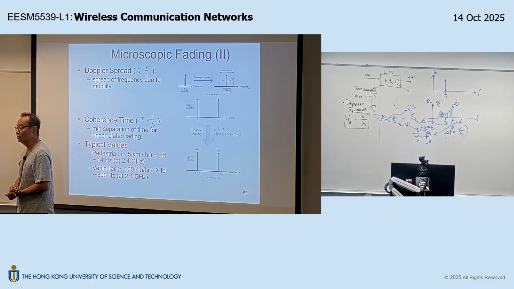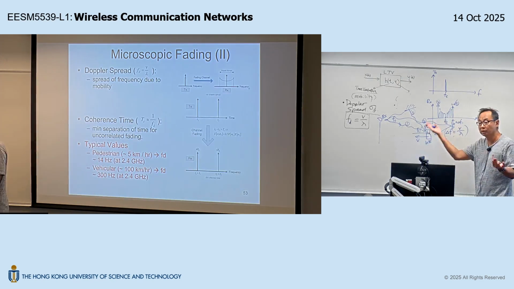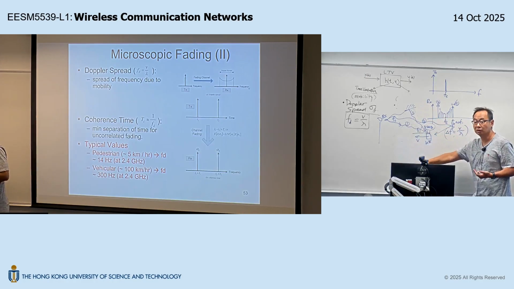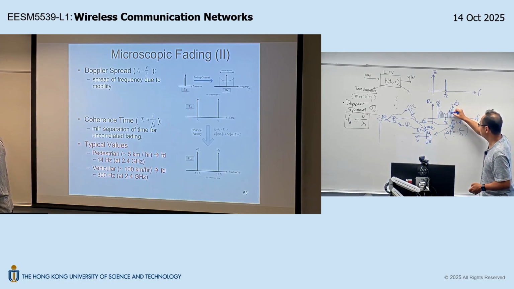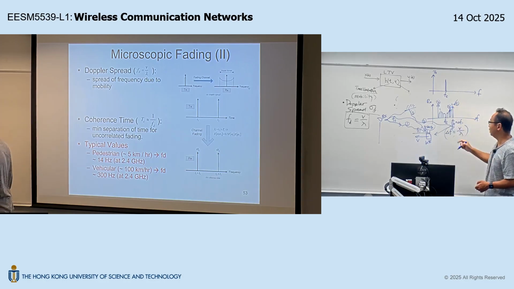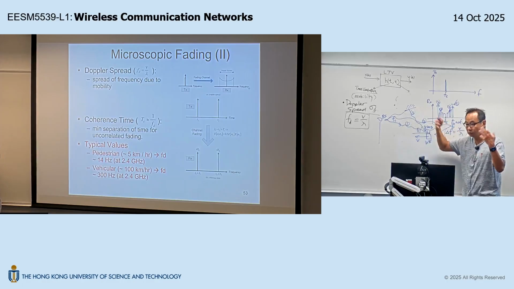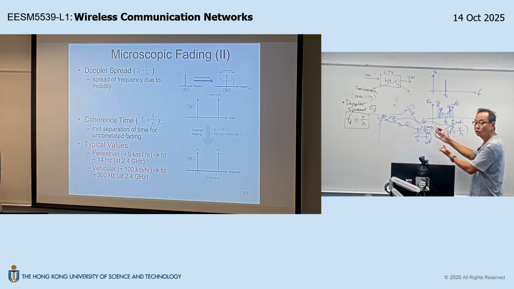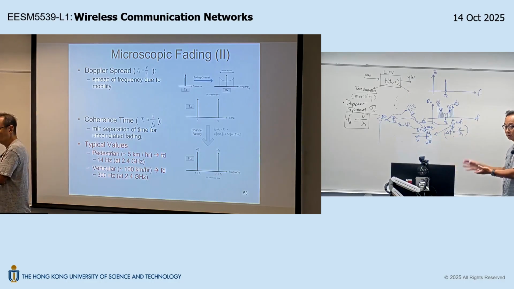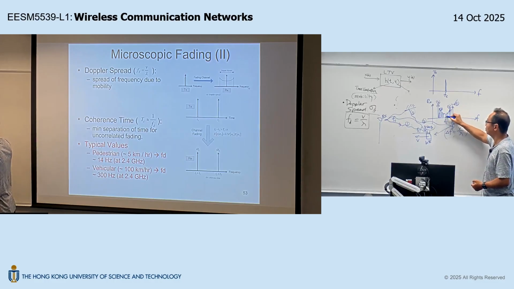The theta is the angle of arrival, which is also random due to the different scatterers. So this third path may end up having here, and the fourth path may be here. If you imagine you have many paths, each path will contribute a different Doppler shift.